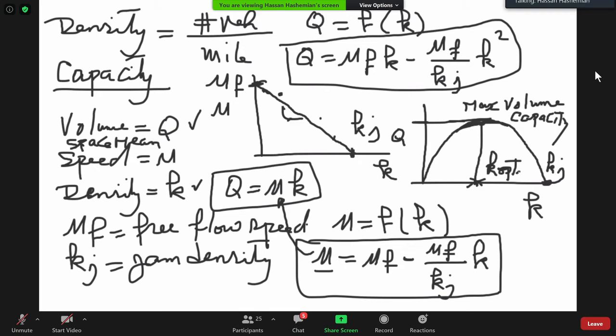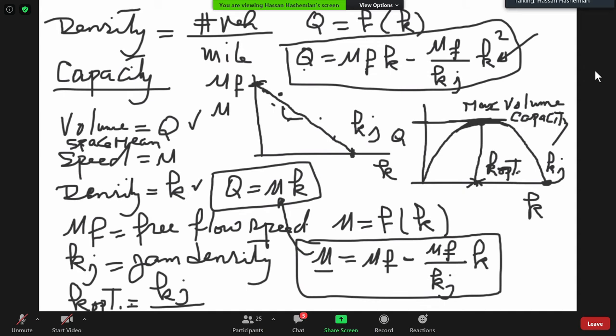Since this is symmetric, K optimum is equal to Kj divided by 2. So if I know my jam density, if I divide by 2, I get the K optimum. If I put the K optimum into my equation, I can get the maximum volume or capacity. Another way you can do it is how you get the maximum on any type of curve.